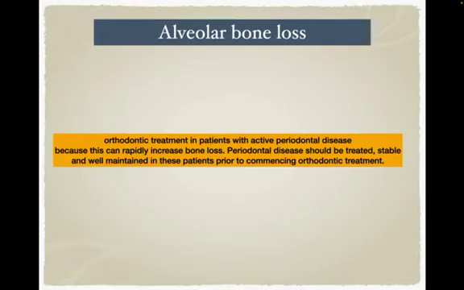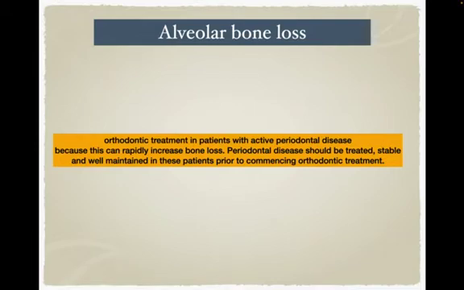Good oral hygiene, less chance of gingivitis and gingival enlargement. Alveolar bone loss. Now, orthodontic treatment for a patient with active periodontal disease will result in abrupt bone loss. For that reason, whenever a patient is going to undergo orthodontic treatment, oral hygiene should be checked, periodontal status should be checked, bleeding on probing should be checked to make sure that we don't have an active periodontal disease.